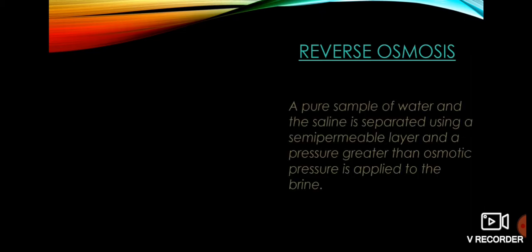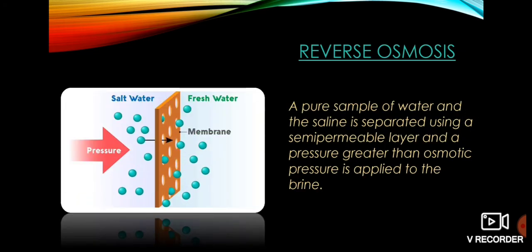The last but not the least is the reverse osmosis. In this setup, a small amount of sample water and the saline water is kept in two chambers separated by a semi-permeable membrane made of cellulose or nylon.